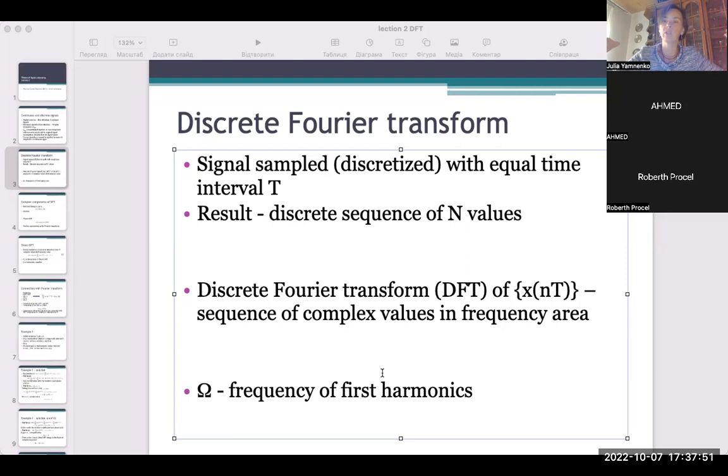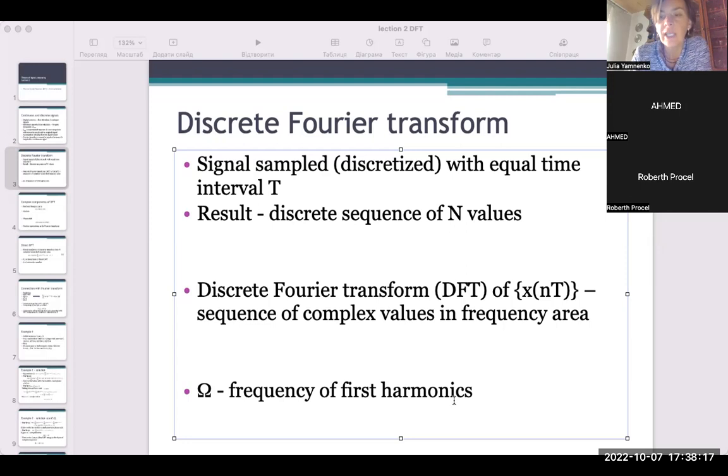So if we have a continuous function, we just take its values at equal periods of discretization. So the conclusion is that components of the Fourier transform are connected with discrete Fourier transform components via the interval of discretization t. This is a very simple observation.